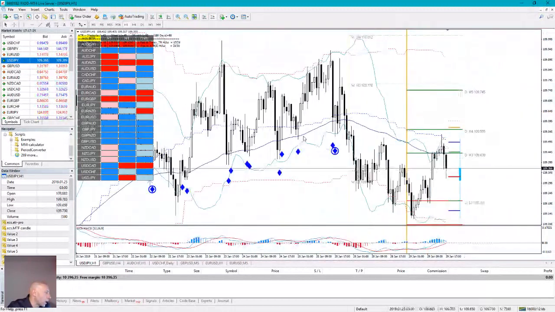The question: Hi Nenad, do you have a stepwise comprehensive guideline of how to analyze a chart like you? Well, not at all. I mean, there is no guideline to analyzing the chart. First of all, I started with trading and analyzing back in 2007-8.